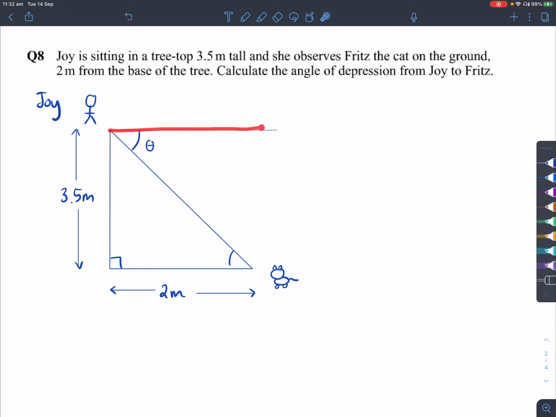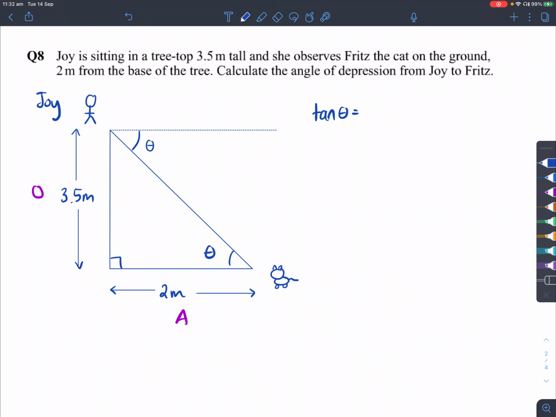So the angle of depression is measured from the horizontal at a downwards angle, and this angle here is alternate to this angle here. So that means they're equal. So just by using this triangle now, we can relate the opposite edge with the adjacent edge. So using SOHCAHTOA, this represents the TOA bit.